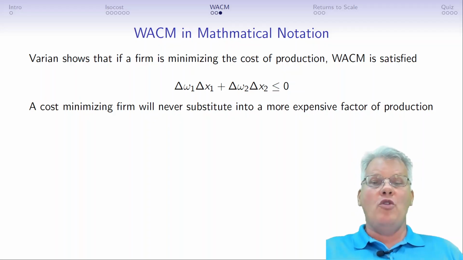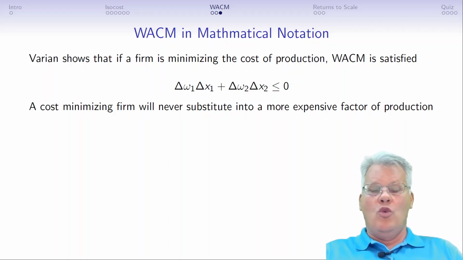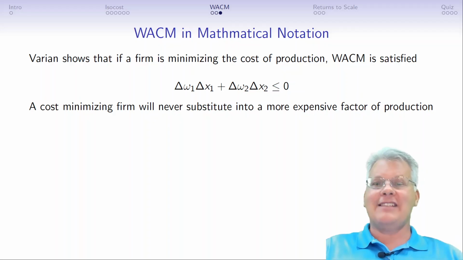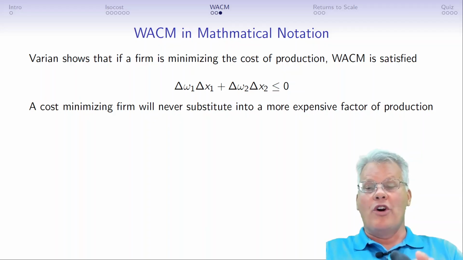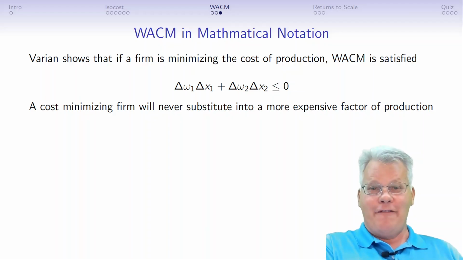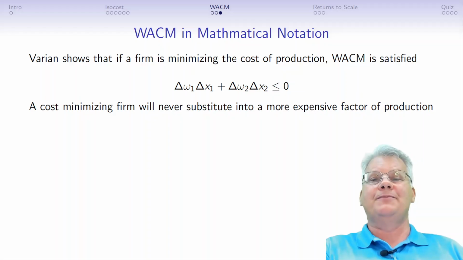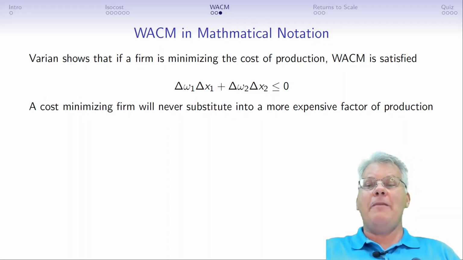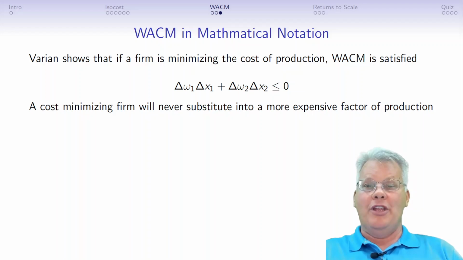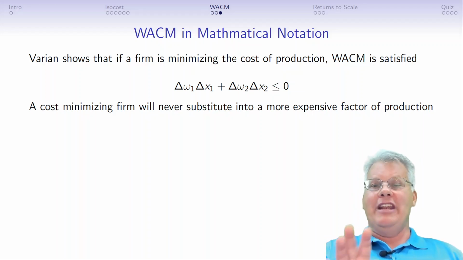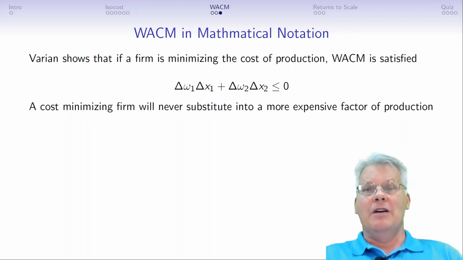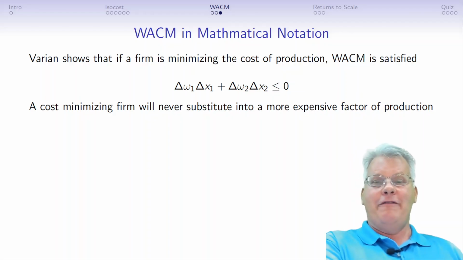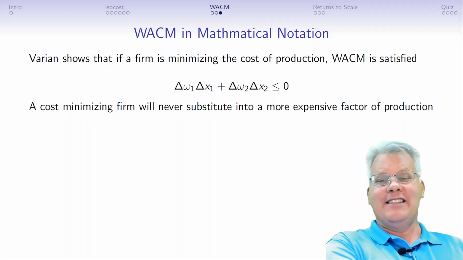So suppose we have a situation where in the next time period, factor 1 becomes more expensive, but the price of factor 2 is unchanged. If they produce the same amount of output next time period as they do this time period, factor 1 becomes more expensive, but factor 2 costs the same.